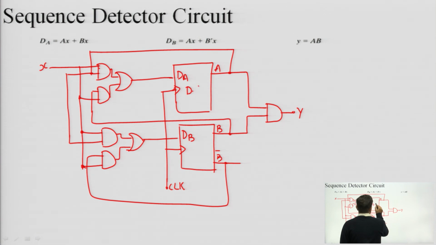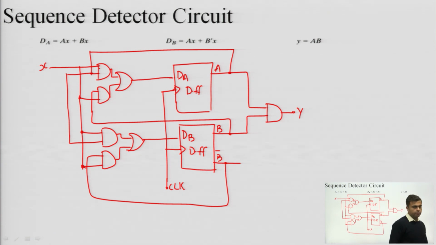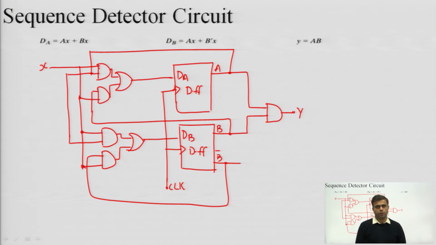So this is a D flip flop, this is also a D flip flop. In this way we can design a sequential circuit from the given word description. Summarizing what we have done: we converted the given description into a state diagram. In that state diagram we assigned binary states to S0, S1, S2 and S3.